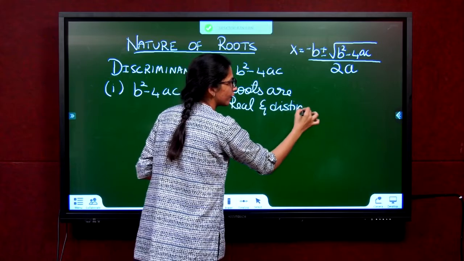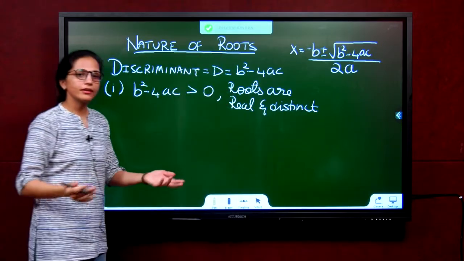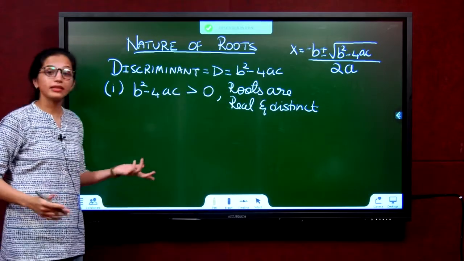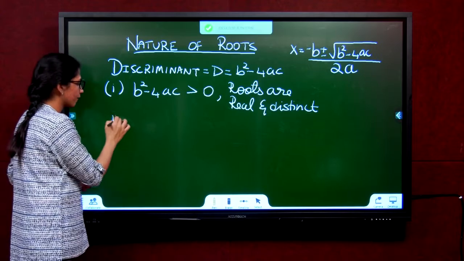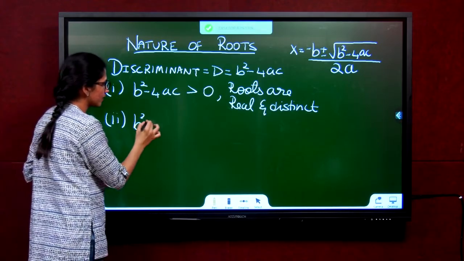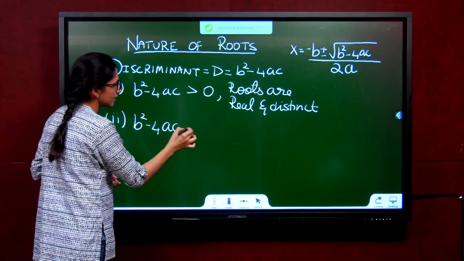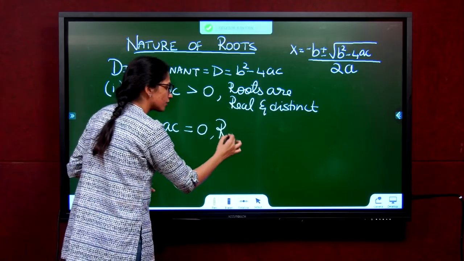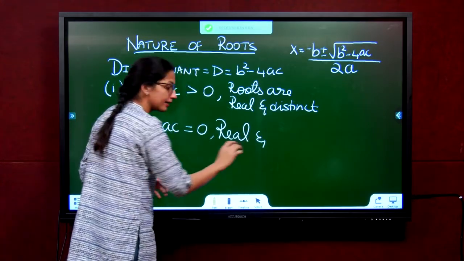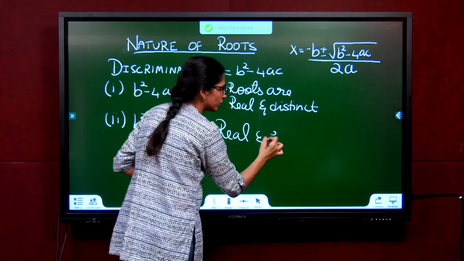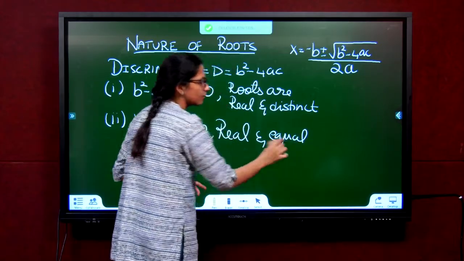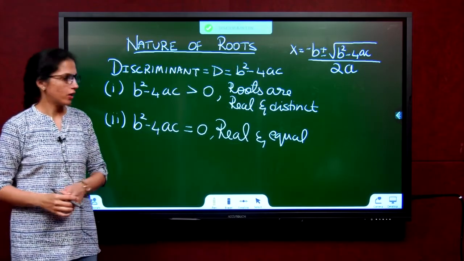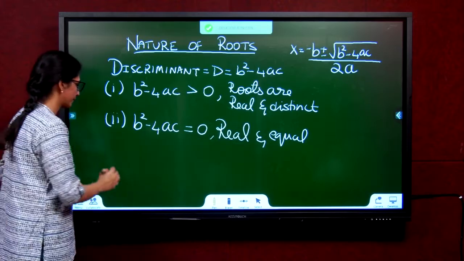Distinct means different. 3 and 2, 3 and minus 2, 3 and minus 3. If b square minus 4ac is equal to 0, the roots are real, they exist, but they are equal. For example, x equals 1 by 4, 1 by 4. So they are equal roots.